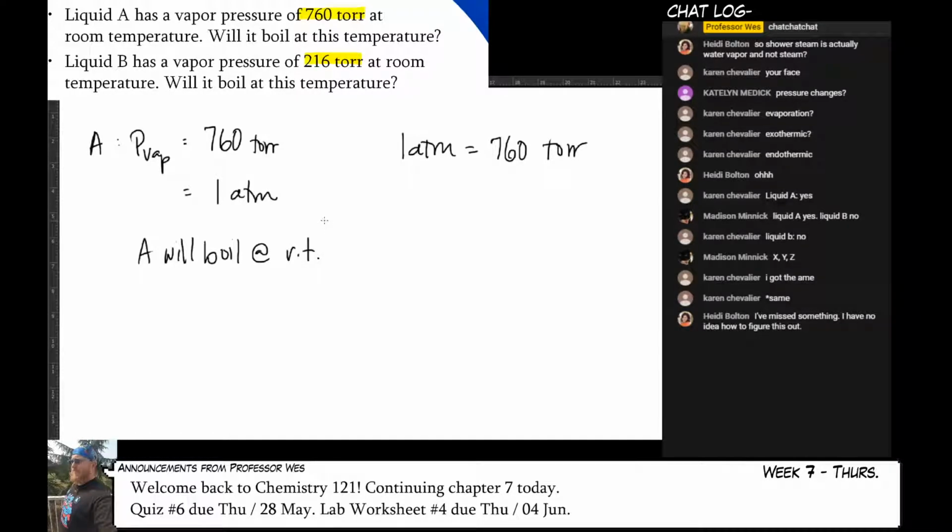And RT is room temperature. Well, let's look at liquid B. I could turn this into ATM, and that will be 0.284 ATM.